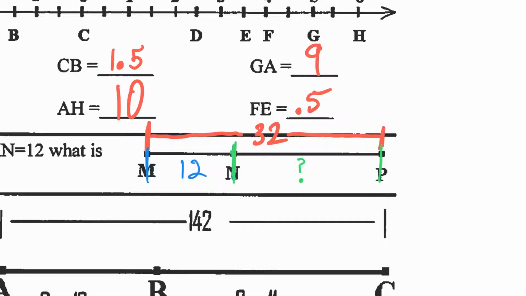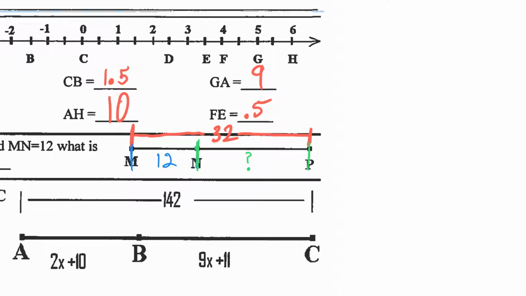So the whole thing is 32. This is 12 from here to here. How am I going to find this distance? Subtract, right? So I'm going to do 32 minus 12, and it leaves 20. Doesn't that make sense now? You have 20 here, 12 here, so when you do 20 plus 12, that adds up to the total of 32. So that's what we're looking for. It's 20.